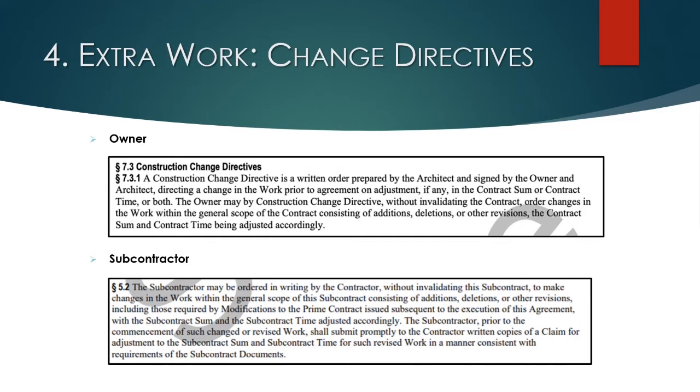The same thing applies with a change directive as it relates to your subcontractor. This is a situation where you don't have a change order signed by both parties, but the owner or the general contractor has directed the general contractor or subcontractor to perform work without a signed change order by both parties.